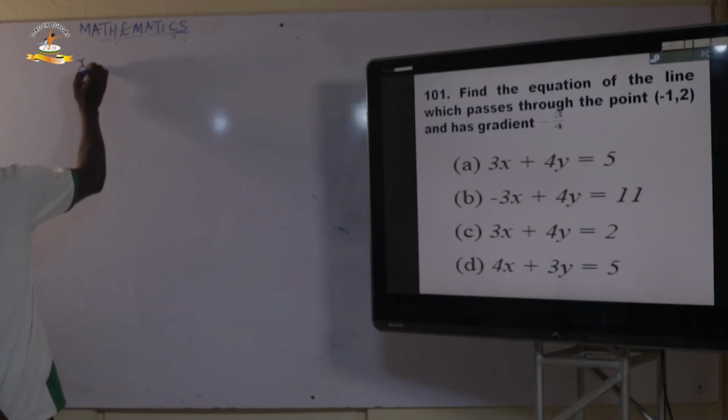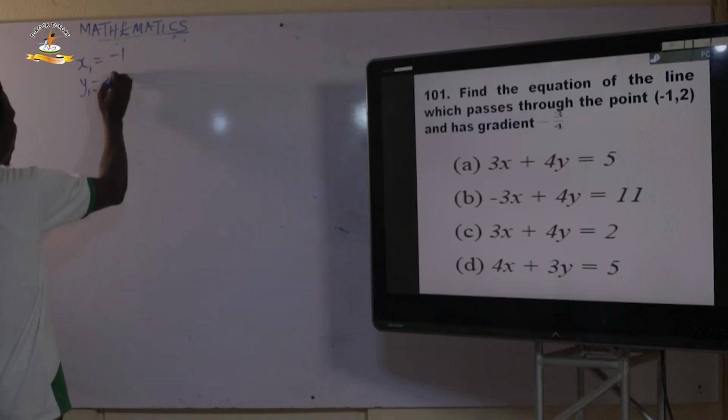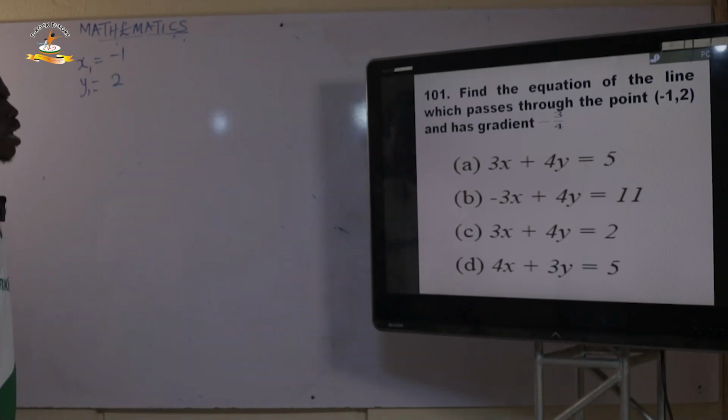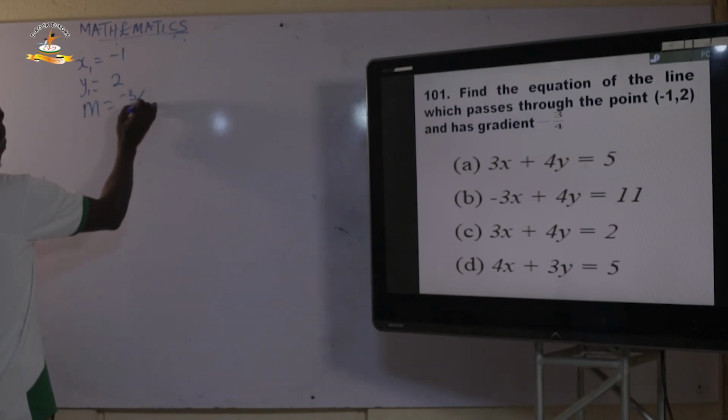We call this (x1, y1). It's always x before y, so -1 for x1 and 2 for y1. It has gradient of -3/4, so m is -3/4.